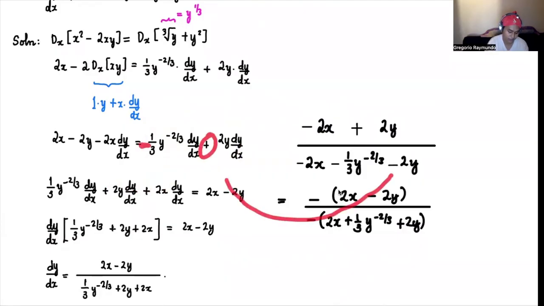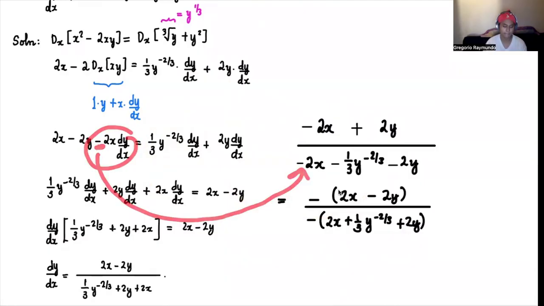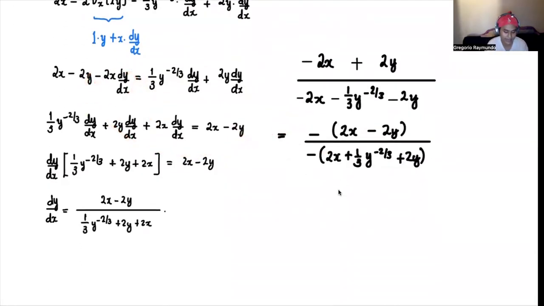Ito, nasa tamang place na siya, so retain. And then, we factor out the negative sign: negative of 2x minus 2y over negative 2x plus 1/3 y to the negative 2/3 plus 2y. Okay na itong sagot na to, pero pag finactor out yung negative, magka-cancel ito. You obtain the same answer.